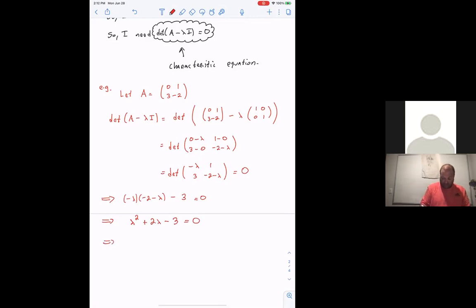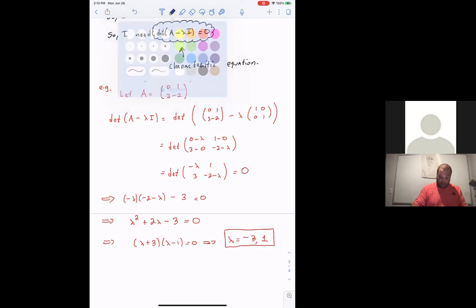Luckily in this case, it's factorable. I get lambda plus 3, lambda minus 1 equals 0. So I get lambda equals negative 3 and 1. These are the two eigenvalues of the original matrix. Now, the next question is, once I have the eigenvalues of the matrix, how do I find the eigenvectors?